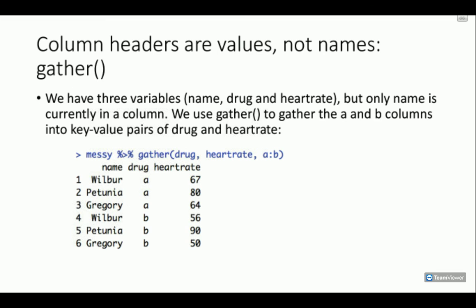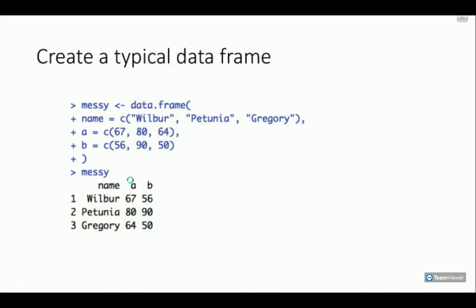Gather will take all the column names that you give it in the arguments and put them in key value pairs. What is the meaning of key value pairs? You have a variable name, and then you have its value. So if you look at A and B here, it adds this new column drug and the new column heart rate, because the actual name of the variable is A, right?